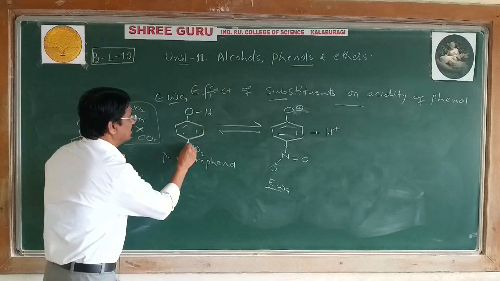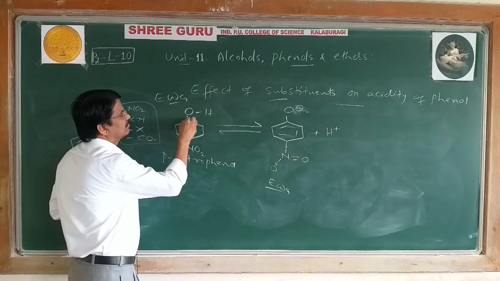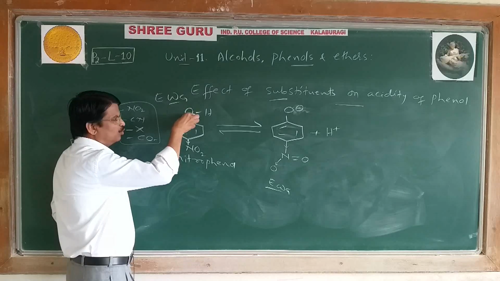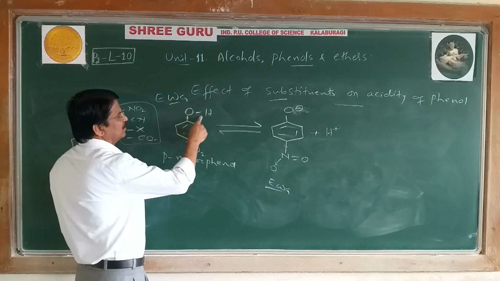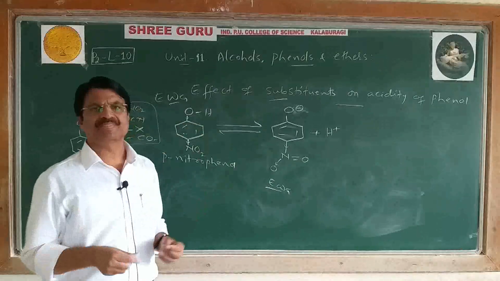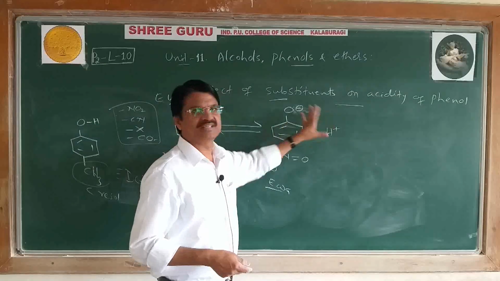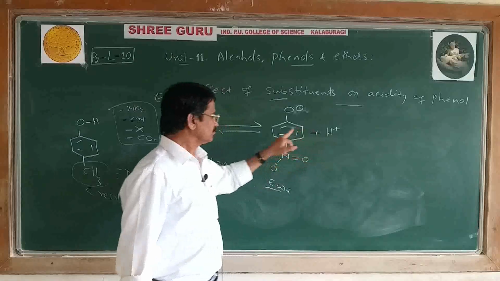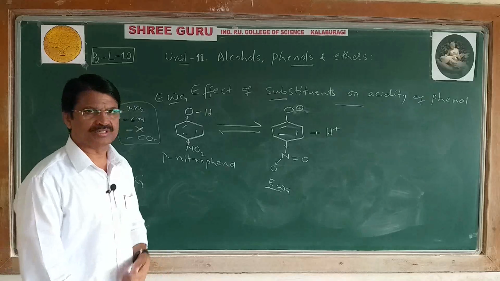See here, the electron pair or electron density on O moves towards NO2. If the OH bond is weak, ionization is more. Therefore, we get more hydrogen ion concentration. If the H plus ion concentration increases, then it is said to be more acidic. Yes, how to answer?